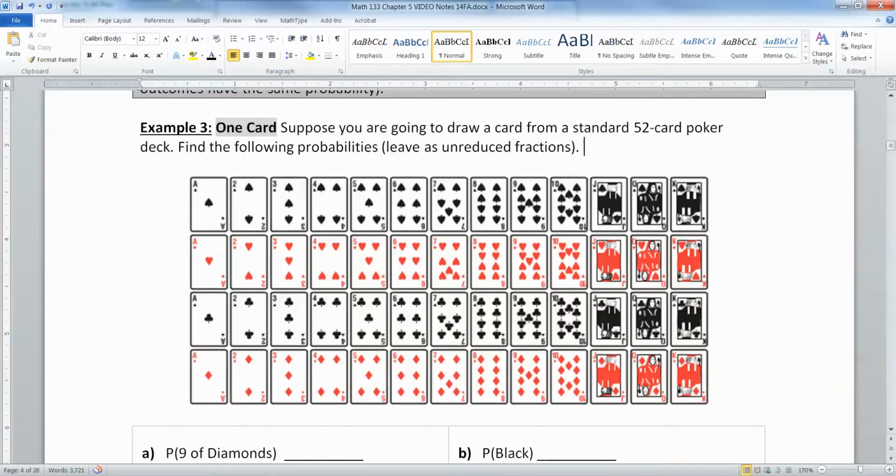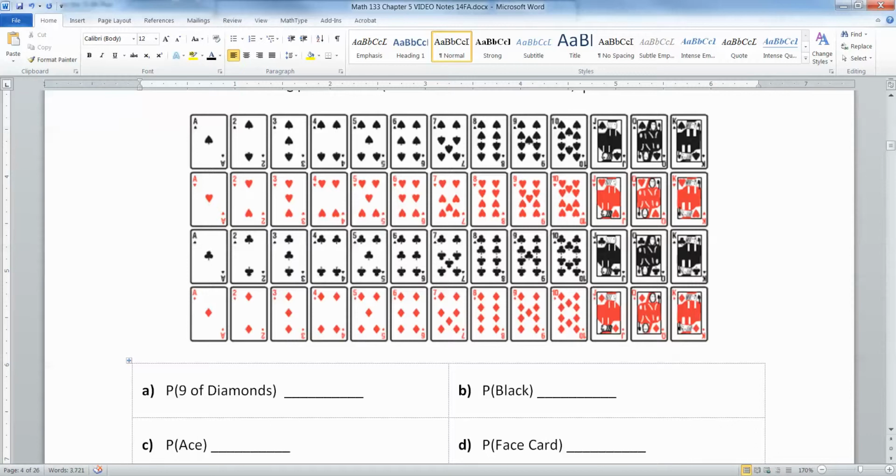All right, so let's look at the probability of a 9 of diamonds. The 9 of diamonds is right here, that card right there. So there's one card out of the 52 total, which would be a grand total of 1 out of 52. All right, what about the probability of a black card? Well, there's 26 of them, right? 13 spades, 13 clubs.